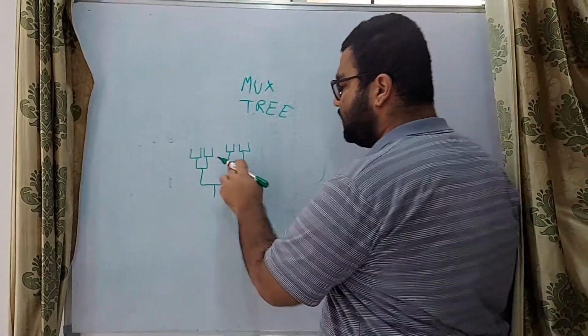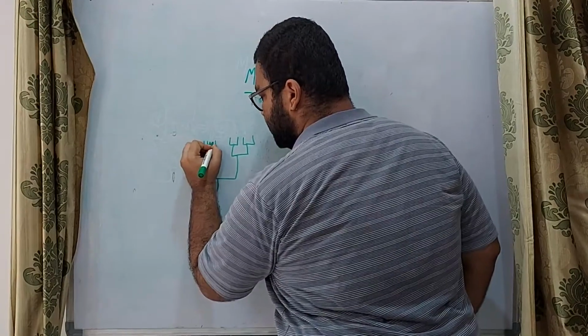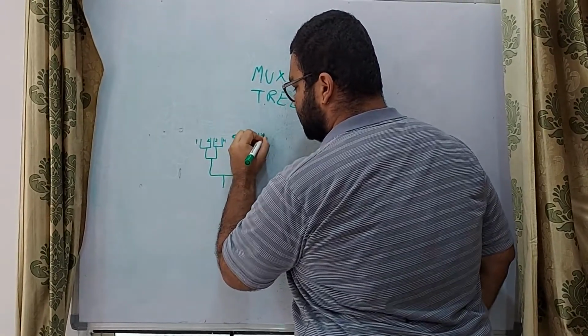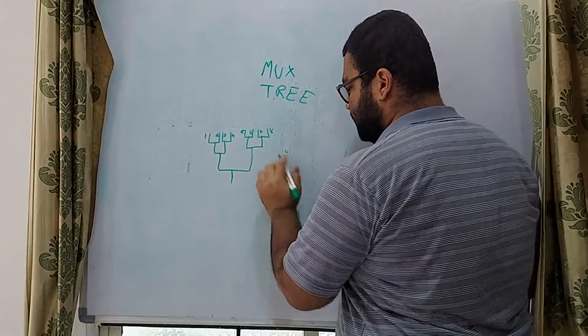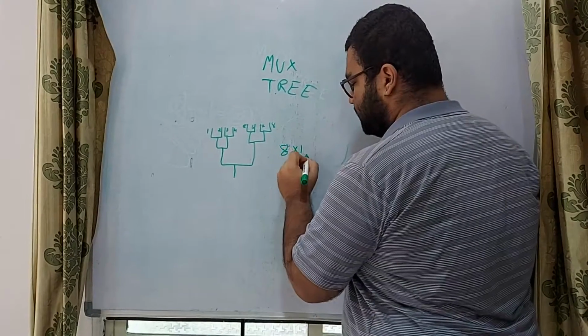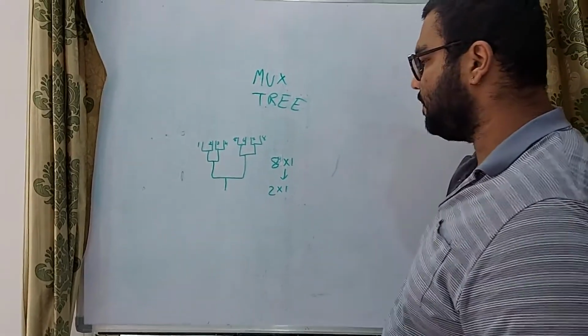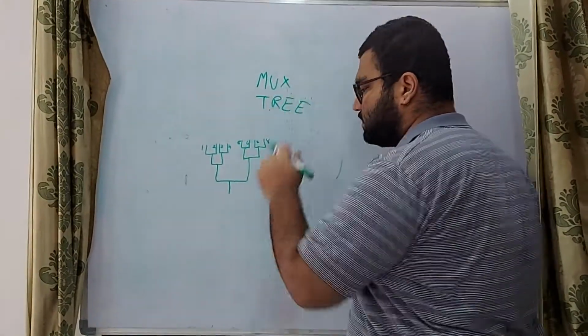So you see how many inputs there are here: 1, 2, 3, 4, 5, 6, 7, 8. That is, we have built an 8x1 MUX using 2x1 MUX. So this concept is nothing but a MUX tree.